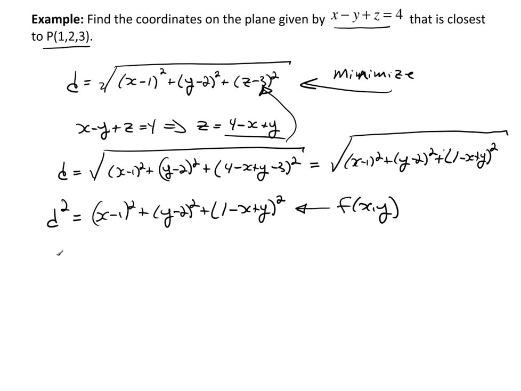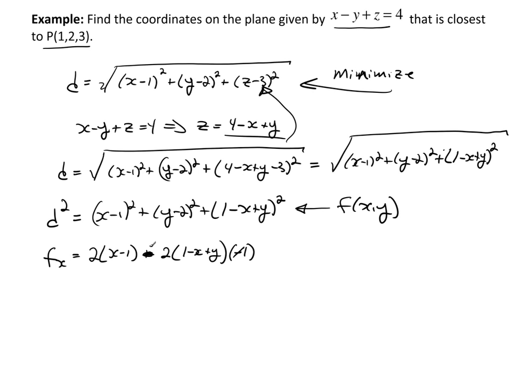If I take the partial with respect to x, here I'm going to get 2 times (x minus 1). This is going to be 0 with respect to x. And this would be plus 2 times (1 minus x plus y) times the derivative of the inside, which is a negative 1. So there's my partial with respect to x.